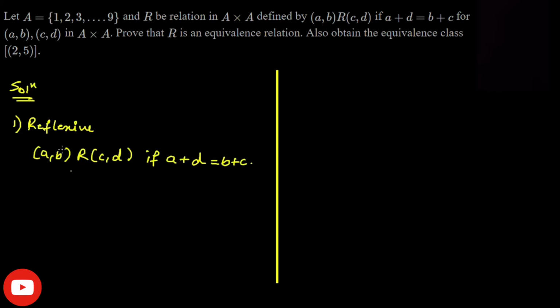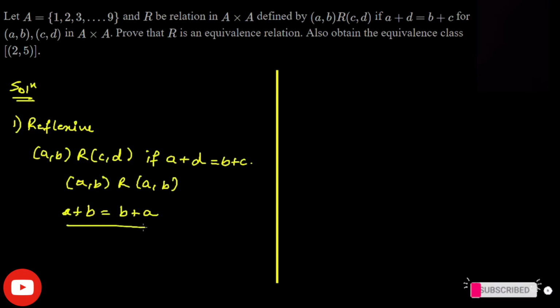Now for any relation to be reflexive, (a, b) should be related to (a, b). So if you substitute the values of d and c as a and b, you get a + b is equal to b + a. So this is an equality, hence the relation is reflexive.